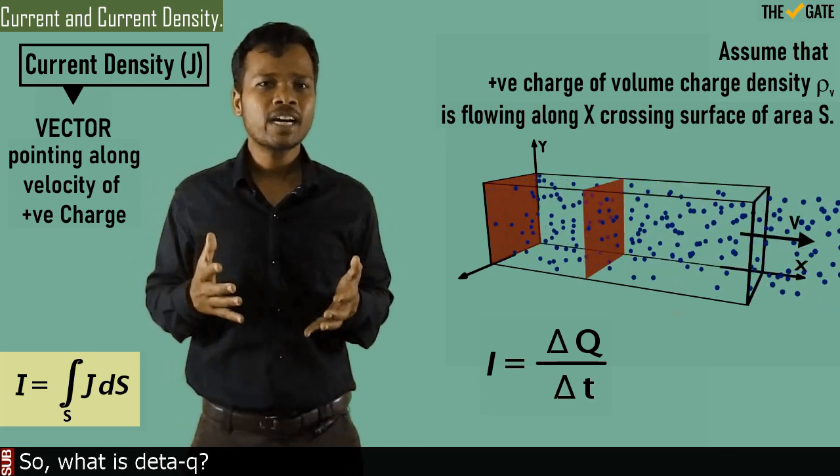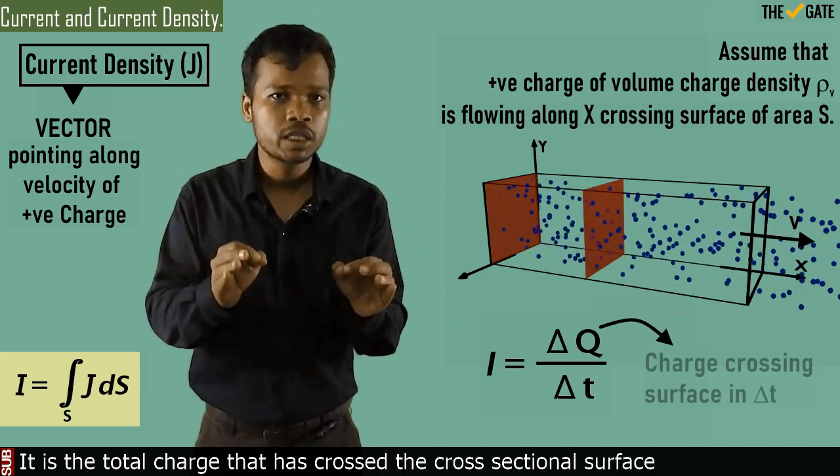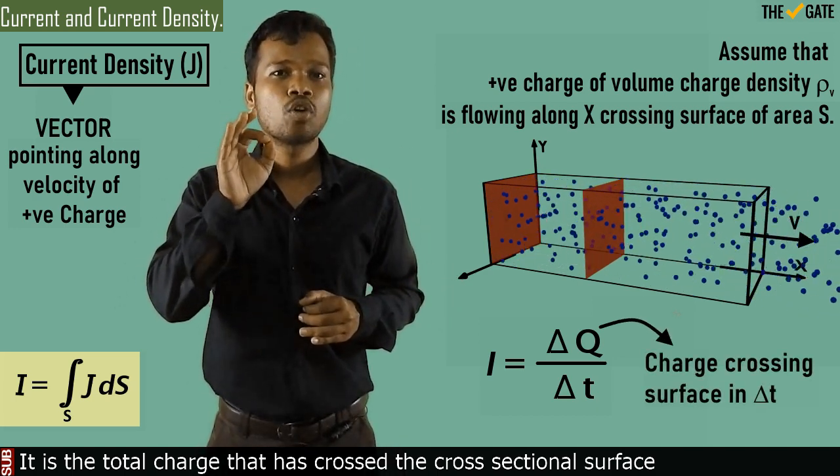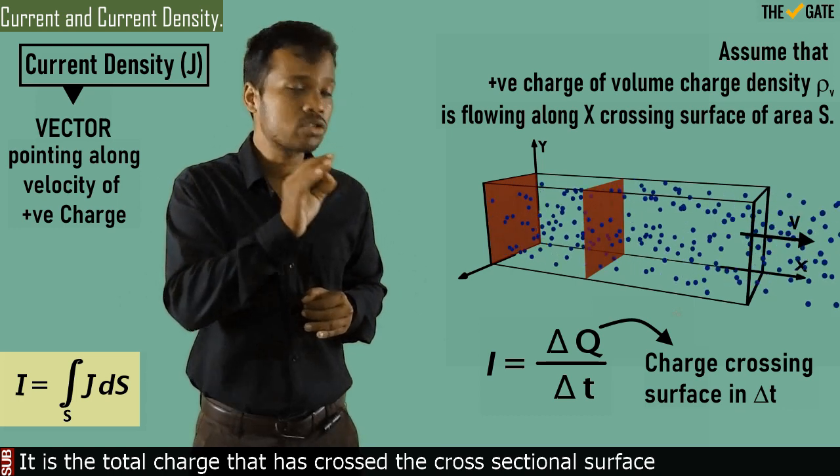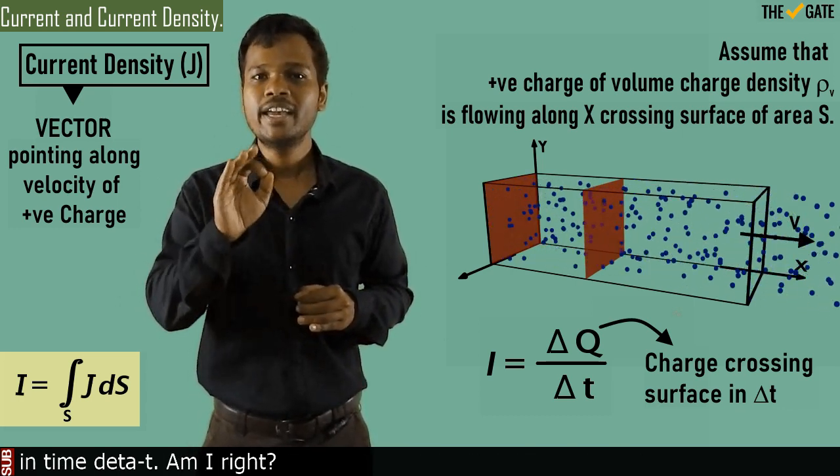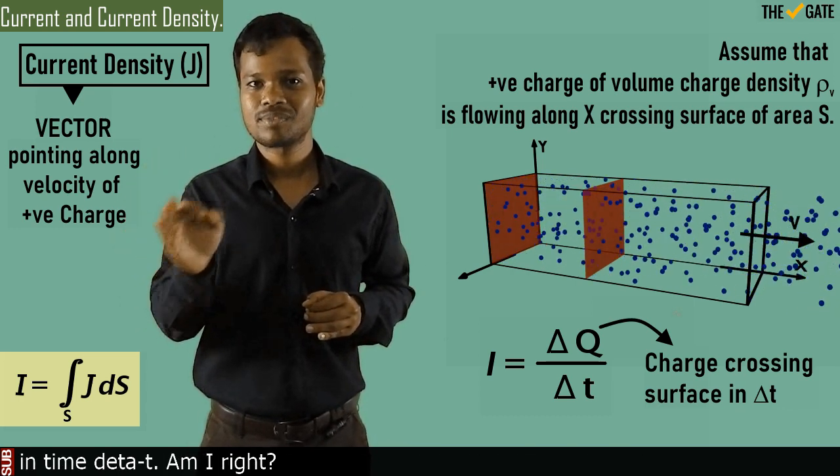So what is delta Q? It is the total charge that has crossed the cross-sectional surface in time delta T. Am I right?